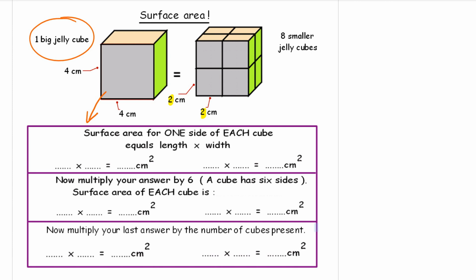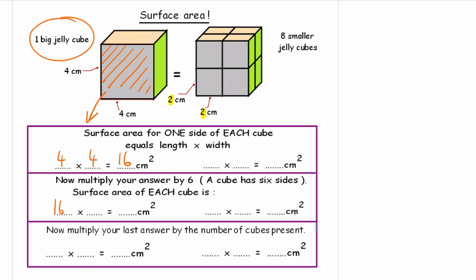The surface area for one side of each cube. So this area here is going to be 4 by 4, which is 16 centimeters squared. Now multiply your answer by 6, because a cube has 6 sides.